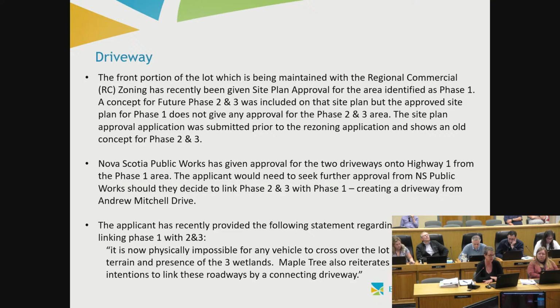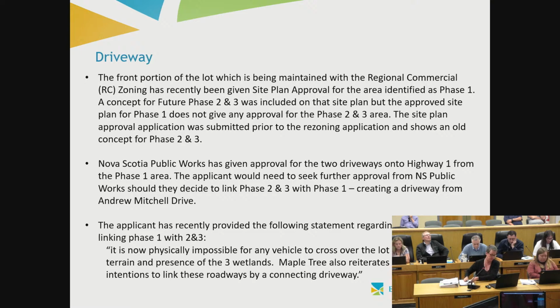However, the applicant has recently provided the following statement, saying that it's now physically impossible for any vehicle to cross over the lot because of the terrain and presence of 3 wetlands. Maple Tree also reiterates its no plans or intentions to link these roadways by a connecting driveway.